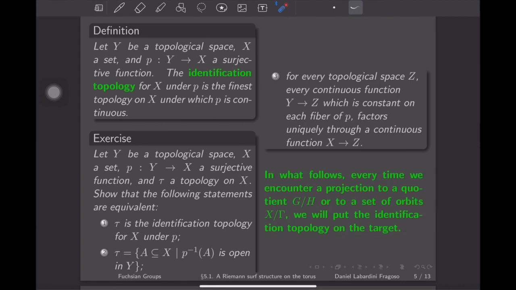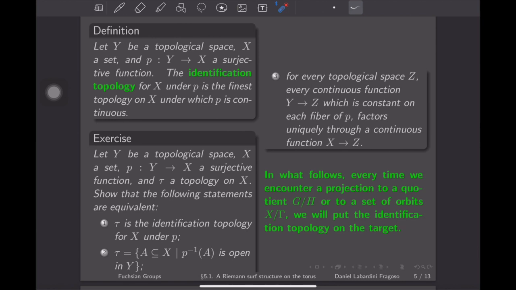Right? So one really wants to put as many open sets in X as possible without losing the continuity of p, and then one arrives at the conclusion that what one needs to define as open sets of X is precisely those subsets whose pre-image is open in Y. So this is just a reminder of the formality surrounding the identification topology.